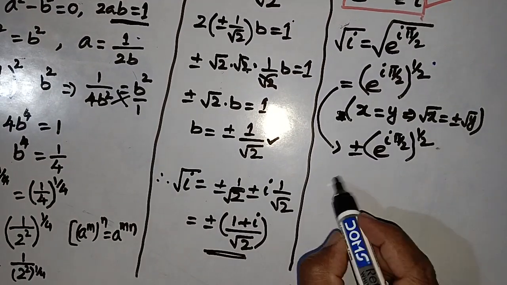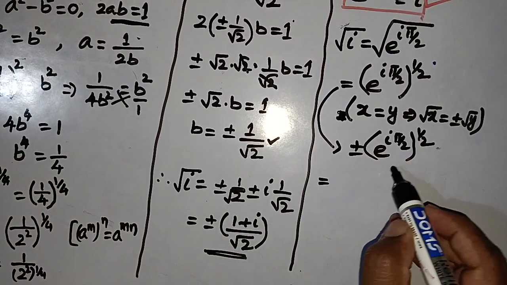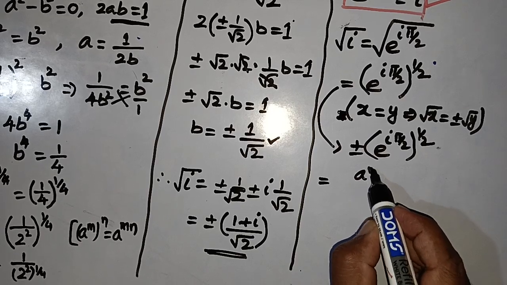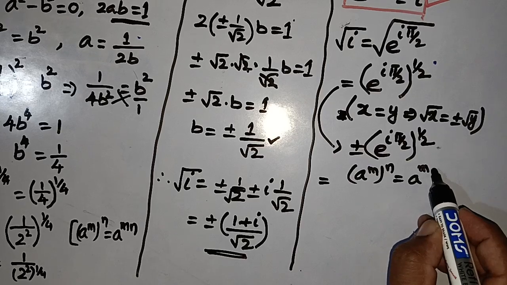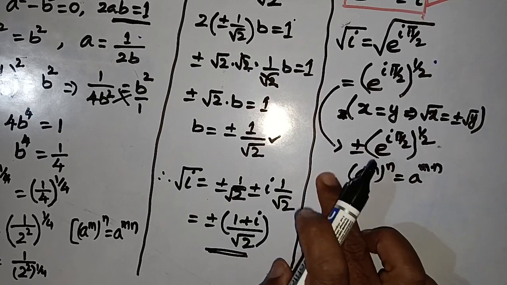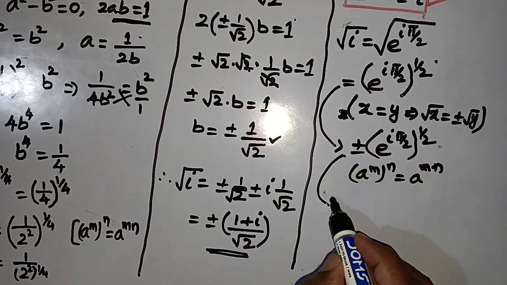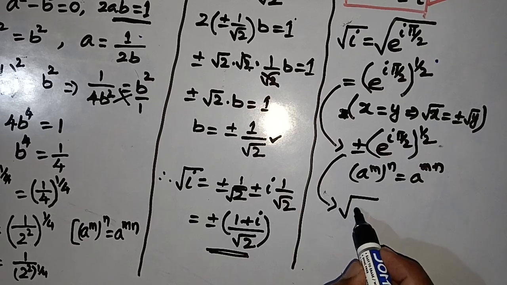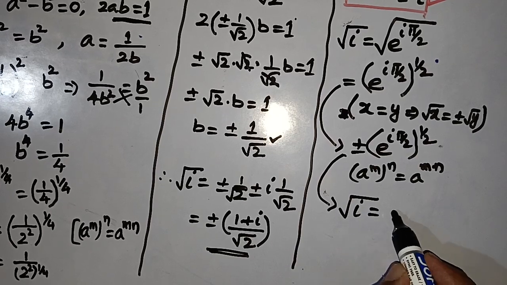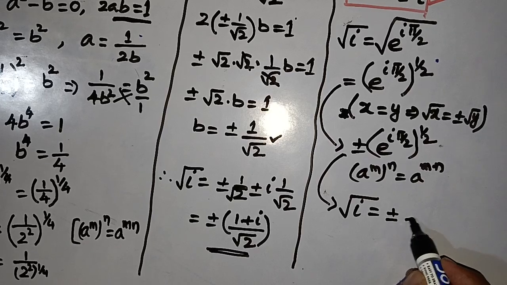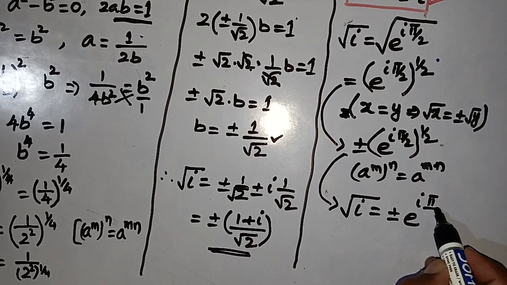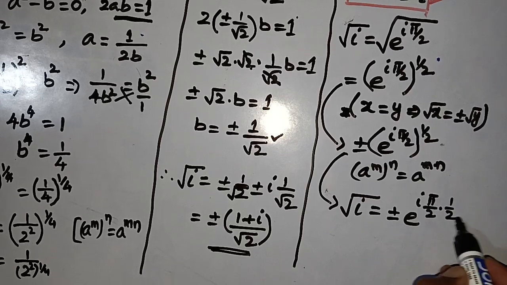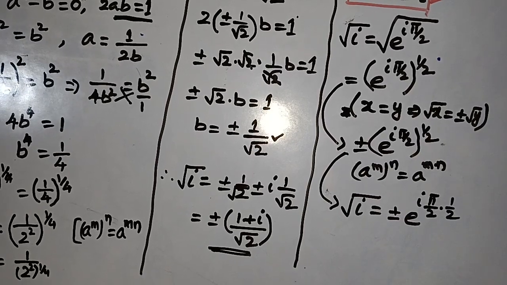And here using the formula a to the power of m whole to the power of n is equal to a to the power of mn, we can write root i is equal to plus or minus e to the power of i pi by 2 into 1 by 2.